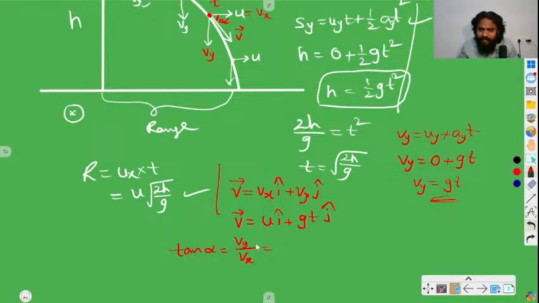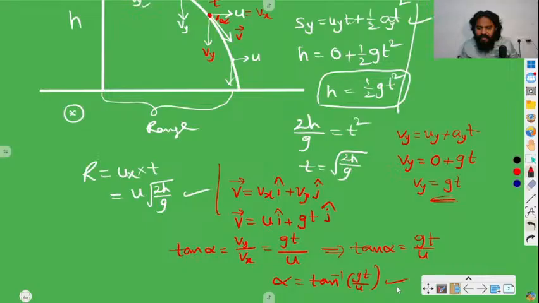Just now we found gt, and Vx is nothing but u, right? So tan alpha is equal to gt by u, or else alpha is equal to tan inverse of gt by u, right? This is the angle. Sometimes they'll ask you at what angle it will strike the ground. At that time also you can use this equation, okay? So this is the alpha.